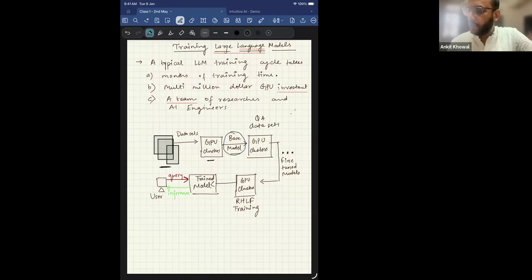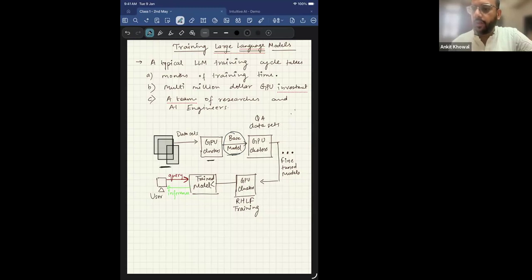Once the base model is ready, what can the base model do? If you give it a question, it can just predict the next word in the sentence. That is what a base model does. And a base model does not know that it should not give harmful instructions to the user.